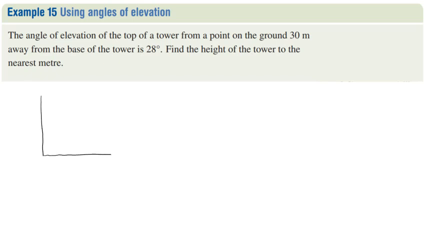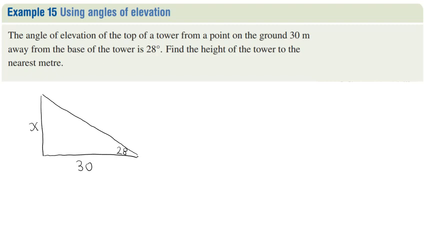Looking up from this point to the top of the tower, the angle of elevation there is 28 degrees. And we're trying to find the height of the tower. So I'll call that x.